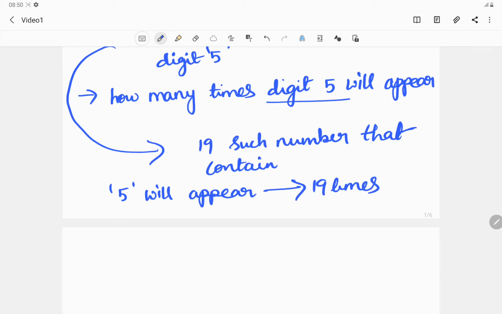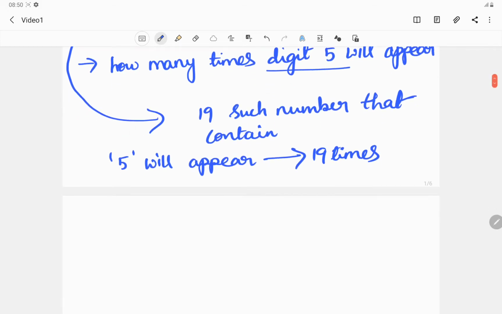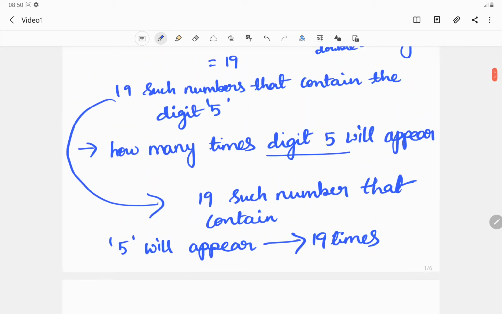Because in each number there will be at least one 5, since the 19 numbers are such that they contain 5.